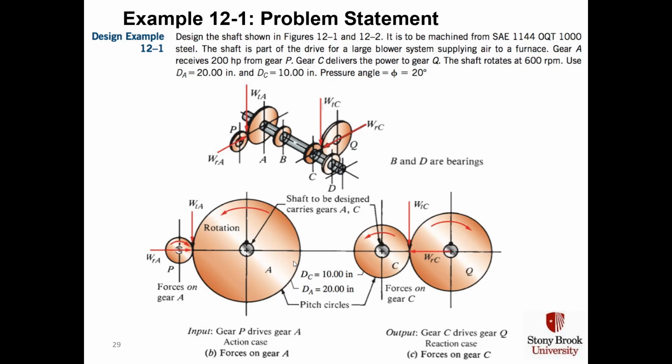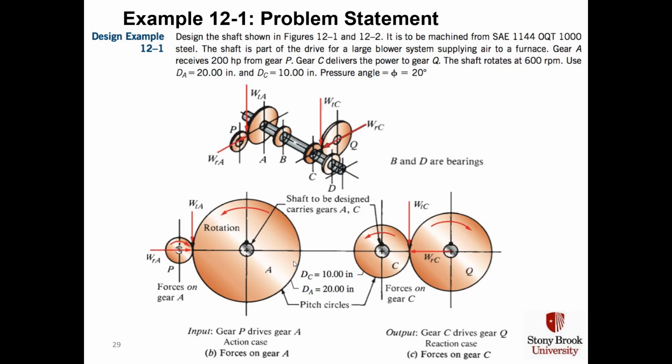Now, the first thing we have to do in this problem is understand the action and reaction cases. We were told that gear A is receiving 200 horsepower from gear P. So if gear P is driving gear A, we have what's called an action case.